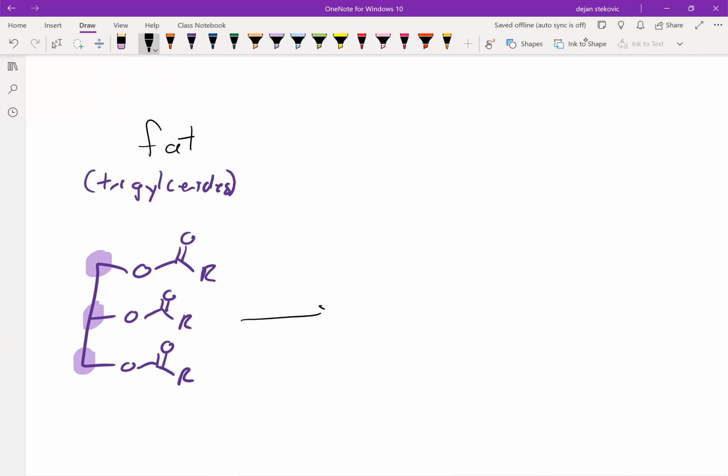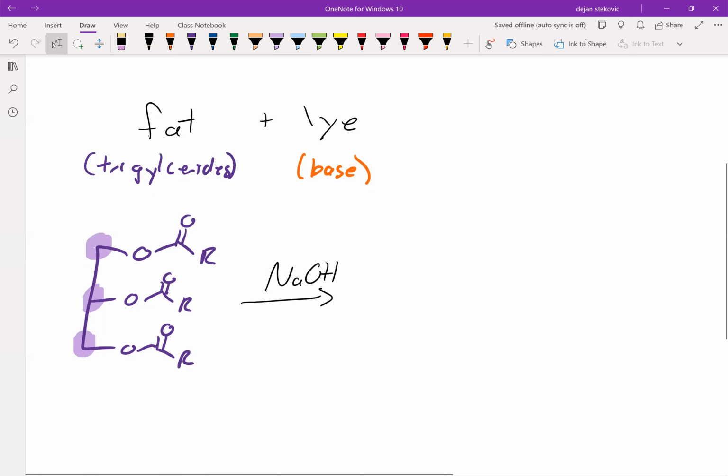And then what you do is you just add some base to it. Back in the day, they called base lye. It was very easy to make. You just basically burn a bunch of stuff and you'll end up with a basic solution. And so bases were generally pretty easy to come by in those old days. Anyways, you'd break it apart into the carboxylate, and then that's your soap.